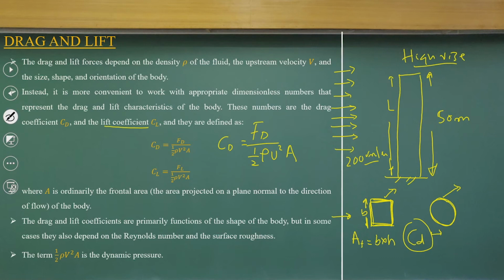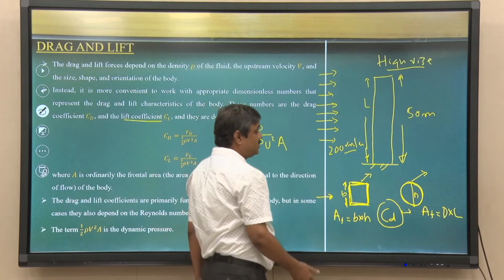But in this case I have the diameter D and length L, so the frontal area will be D times L. That means you are looking at what the projection is, looking from the flow velocity direction. That projection is the frontal area.